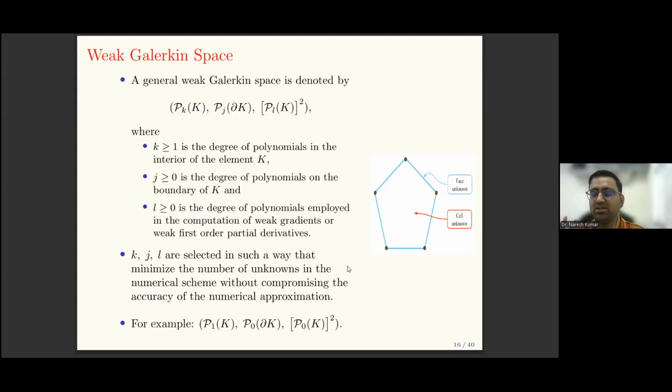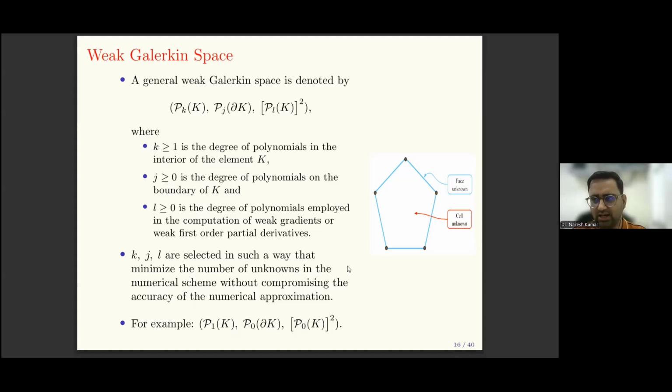So the best combination was to take the same degree for the interior and the boundary, and one degree less for the gradients, like Pk, Pk and Pk minus 1, or you can take Pk, Pk minus 1 and Pk minus 1. So two, three combinations you can take.